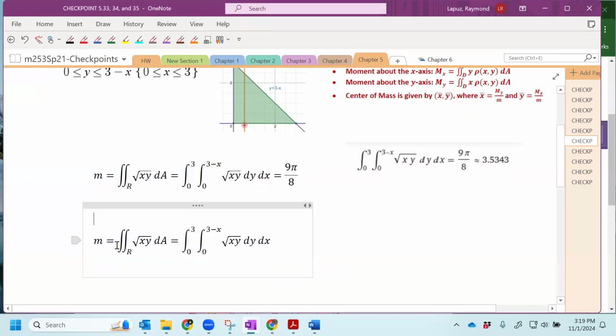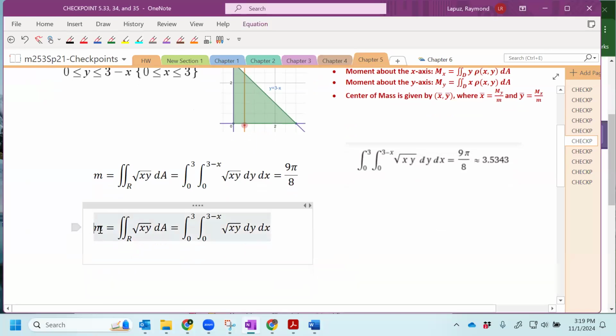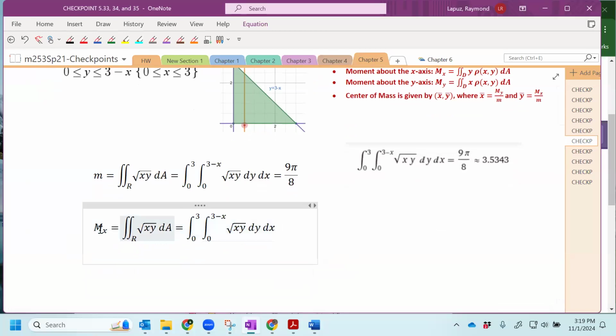Now this is not needed here. So we will say this is our capital M. Let's do x first, M sub x, which will be multiplied by y. We will take this same integral, it's already set up, and then we'll multiply this by y.